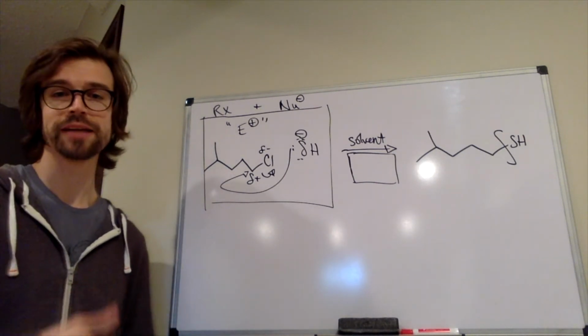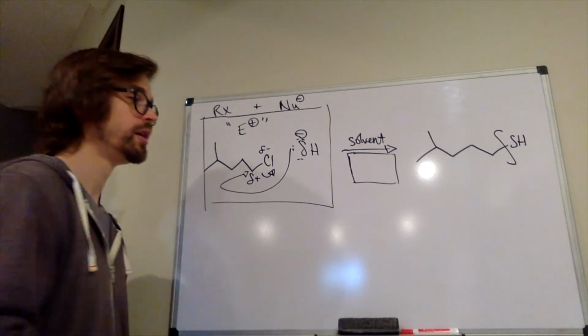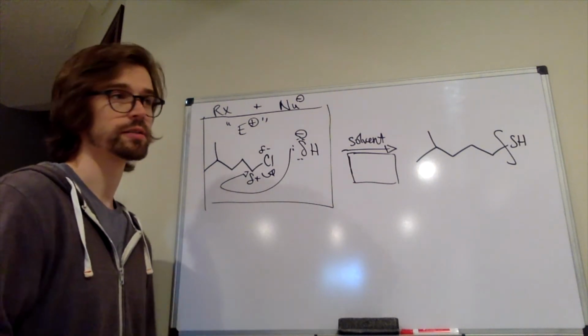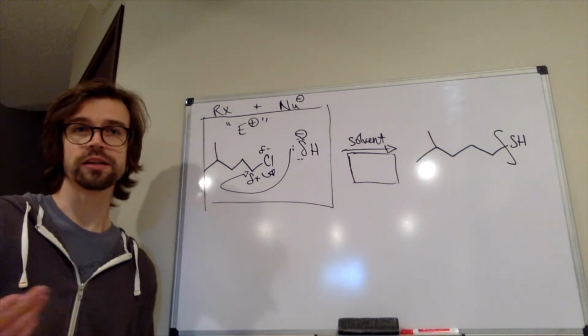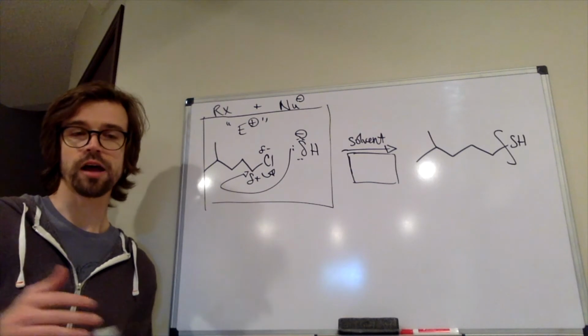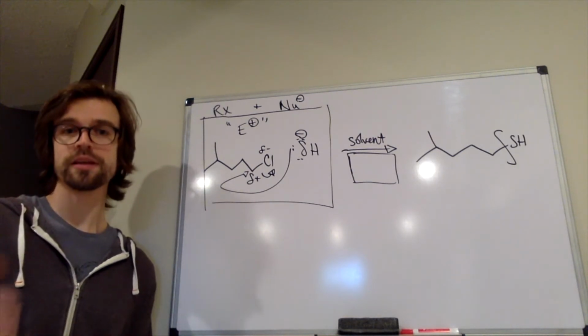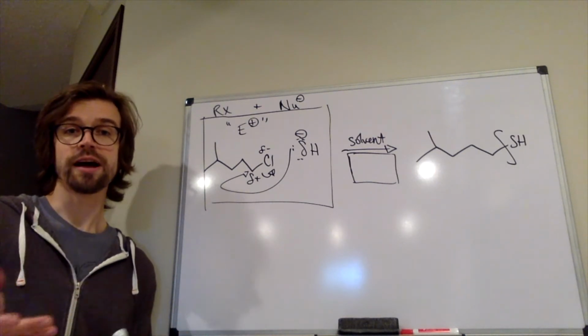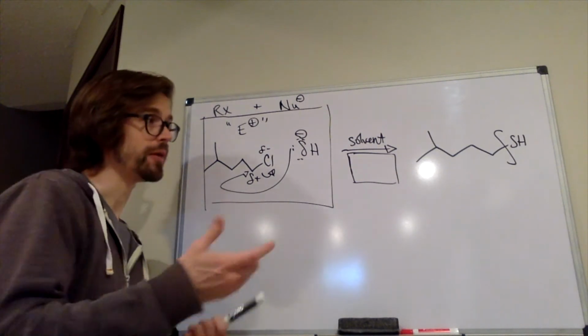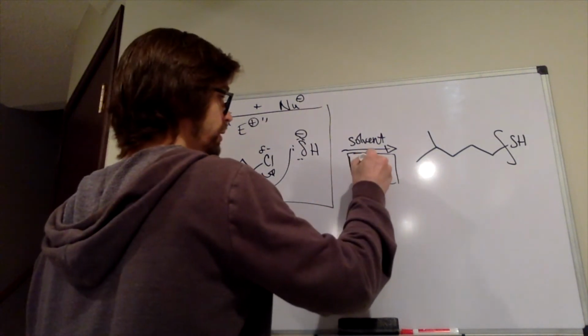What kind of solvent is best for bimolecular reactions? An aprotic solvent, correct. The aprotic solvents we've seen a lot include dimethylformamide, DMF, dimethyl sulfoxide, DMSO, and I've also put acetone in there a few times.